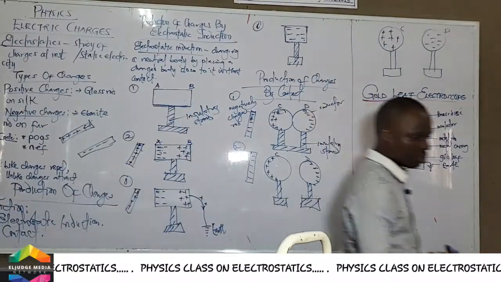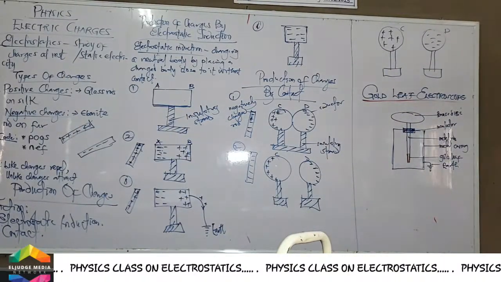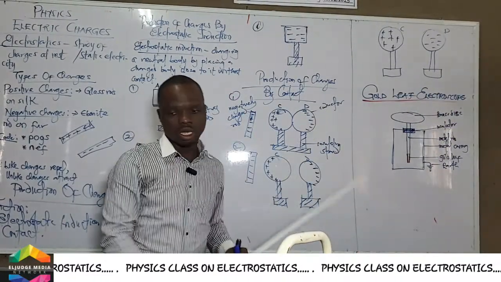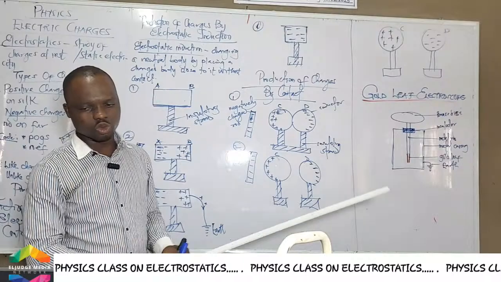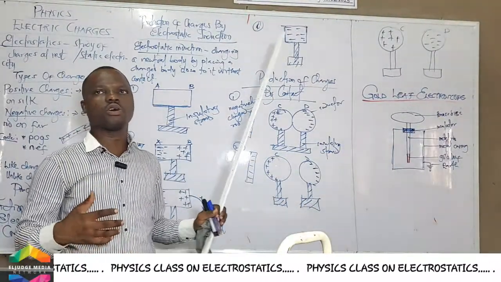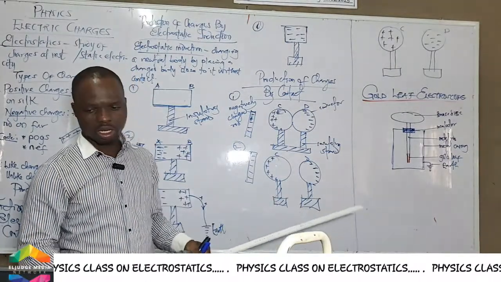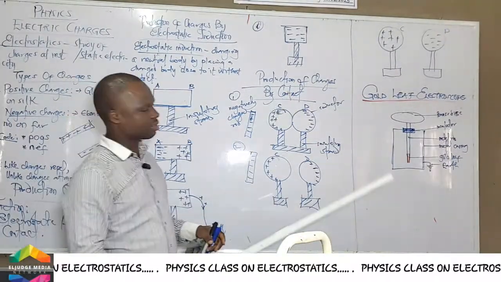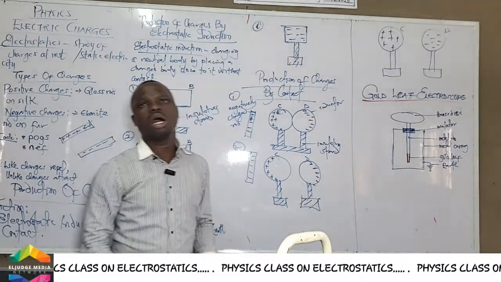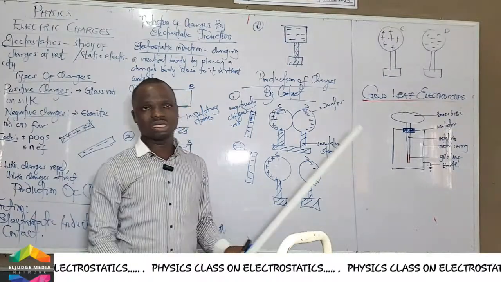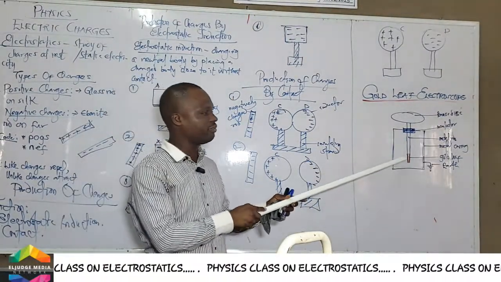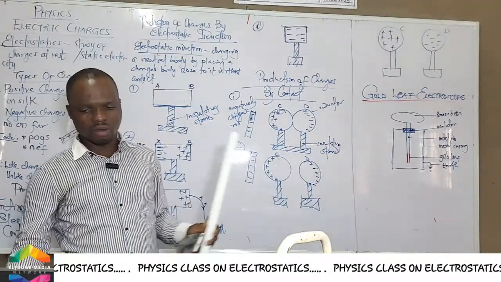This is the flat brass disc. We have the insulator and the metal casing. This metal casing has 4 sides; 2 of the sides are made of metal and the remaining 2 are made of glass, so that you can see the divergence or the collapse of the gold leaf. That's the gold leaf.